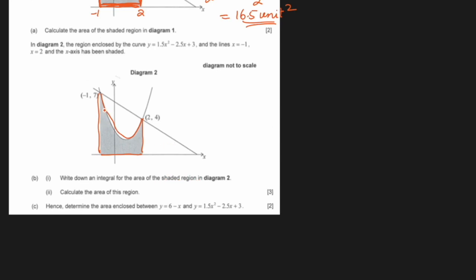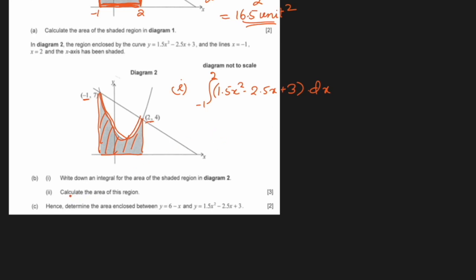We know that area under a curve is found by integration of the curve between the two x values, which are minus 1 and 2. That will be the integral from negative 1 to 2, and write the equation of the curve here, 1.5x squared minus 2.5x plus 3 dx. That's the answer of part 1.